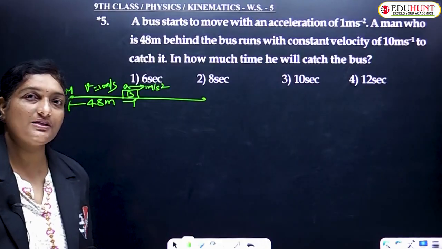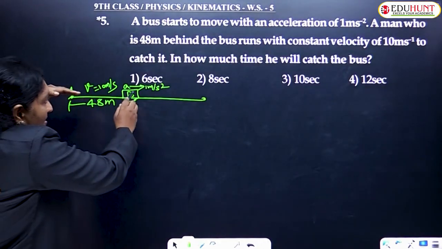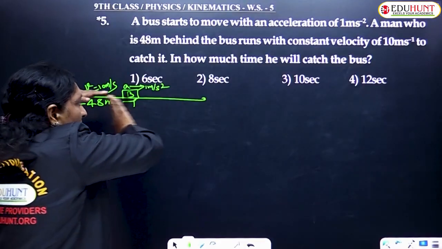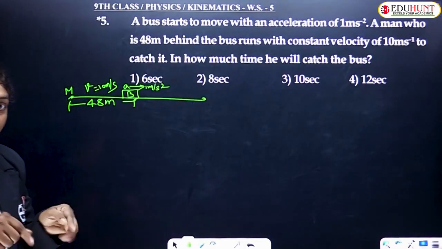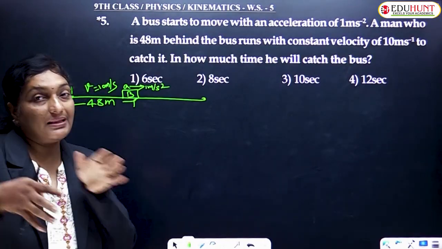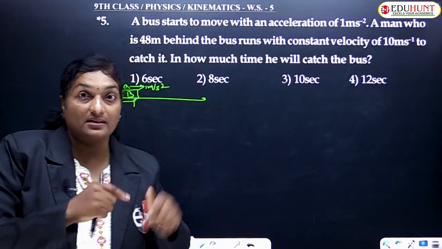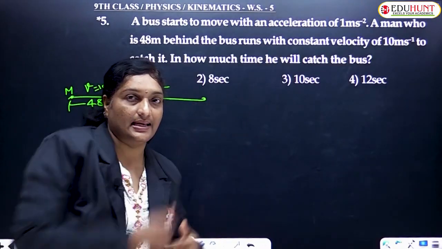Children, one thing you must know: the man is moving, but the bus also starts from rest and accelerates, so the bus is also moving. In this case, both the bus and man are in motion. But the man moves with constant velocity, no acceleration, whereas the bus moves with acceleration.